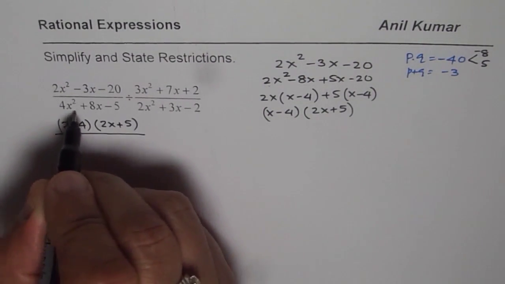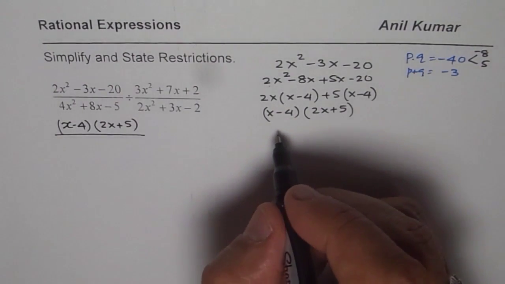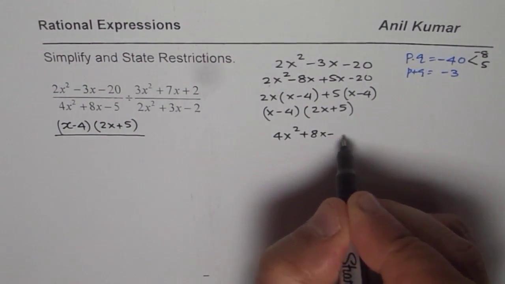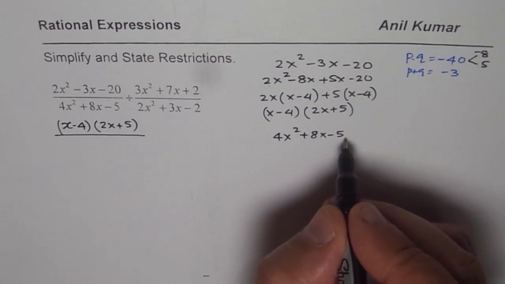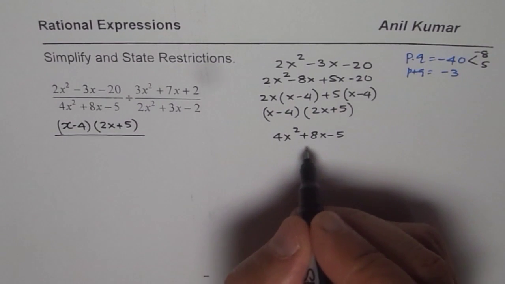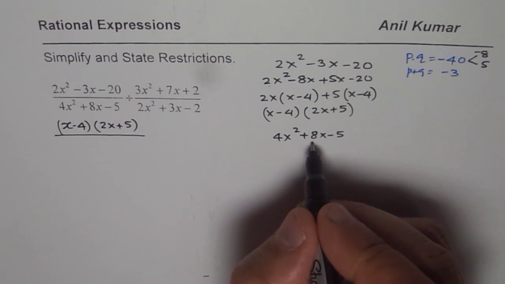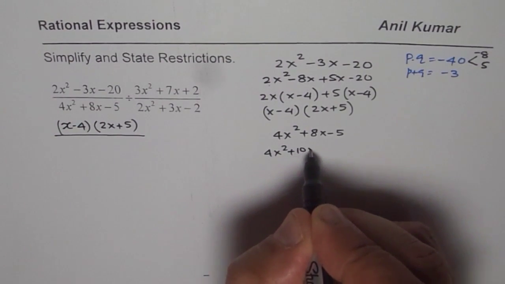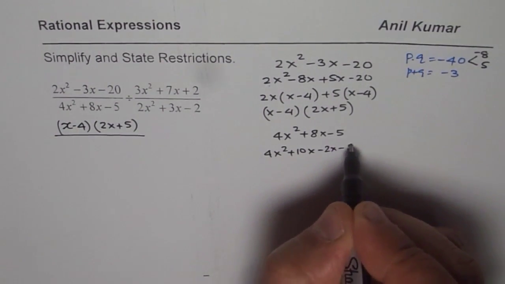Okay, now let's do the denominator part. So in the denominator, we have 4x squared plus 8x minus 5. So 20 is the product with negative sign, and the sum is 8. So the two numbers are 10 and 2, right? 10 should be positive. We write this as 4x squared plus 10x minus 2x minus 5.